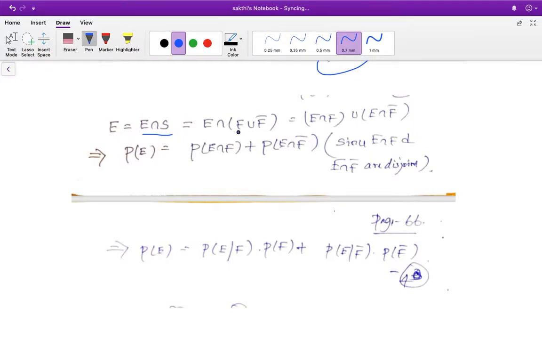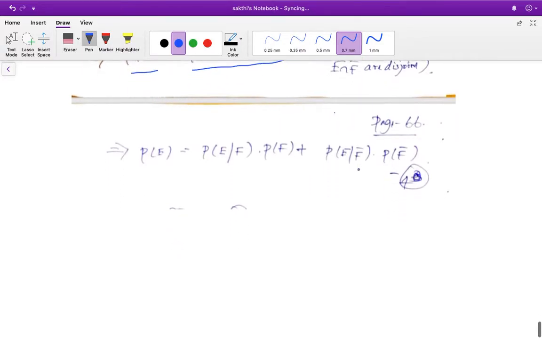And S is nothing but F union F bar, where F bar is F complement. If you take one set and its complement union, you will get the universe, right? So it is E intersection (F union F bar), and now you apply the distributive law, you will get this, right? So the probability of E, now we are applying the probability function to that. P of E is nothing but P of E intersection F plus P of E intersection F bar.